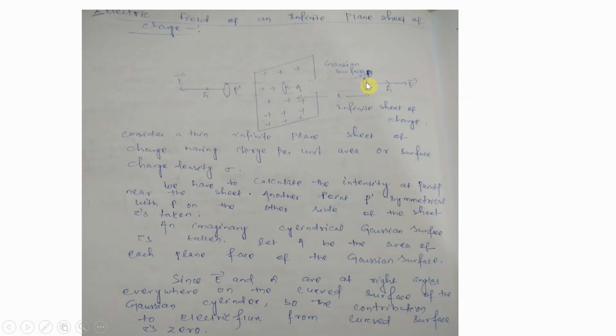For the flux, we take the closed integration over the whole surface. On the two faces we have E dot n cap dS, and the total area integration is A, so EA plus EA becomes 2EA. But from Gauss law, we know flux is Q by epsilon naught.